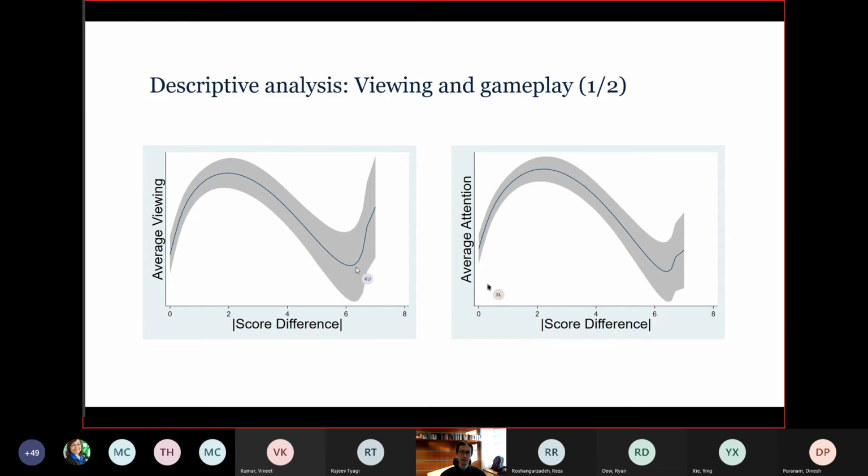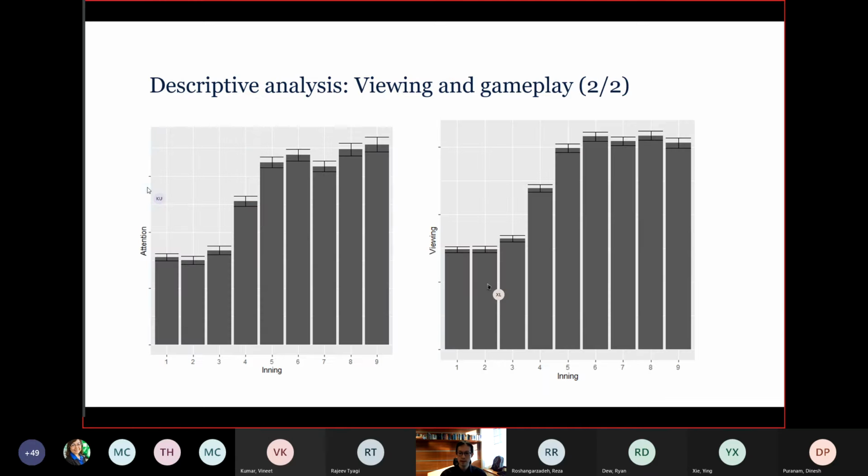The viewing and attention are highest when the score difference is like 1 or 2. And then they get smaller if one team outscores the other team. So that's natural. But in terms of the relationship between innings and attention and viewing, we see that later innings have higher attention and higher viewing.